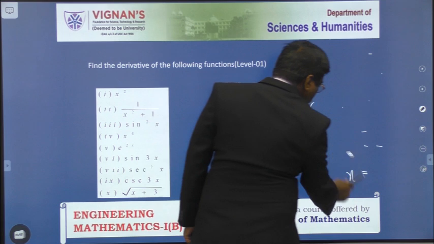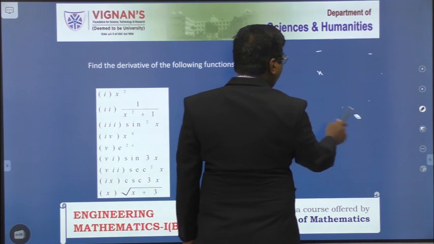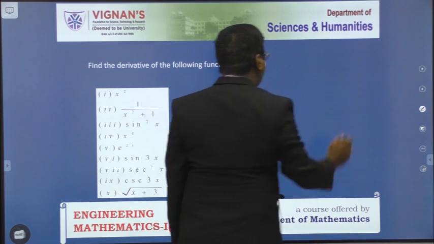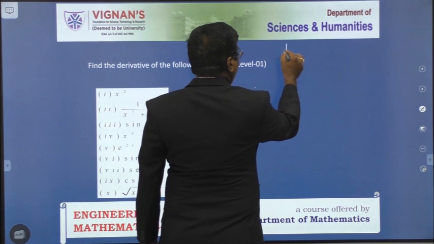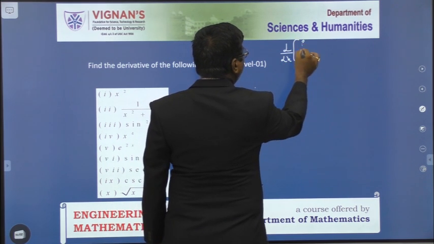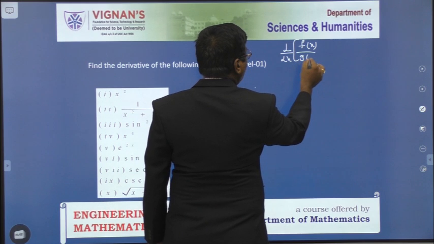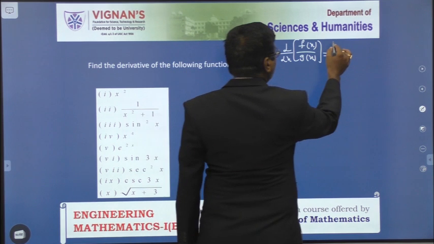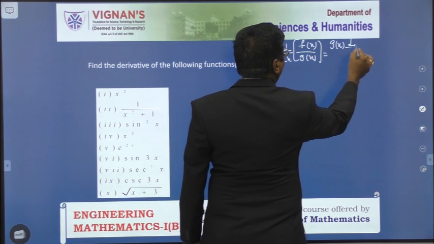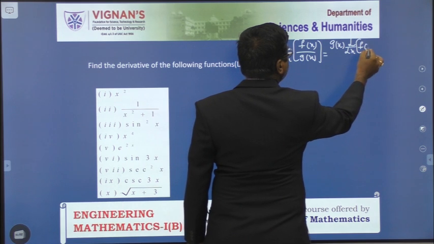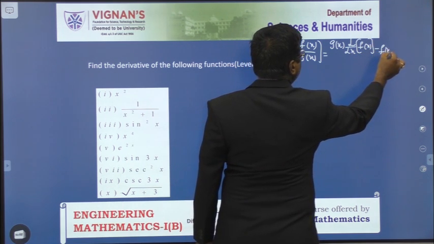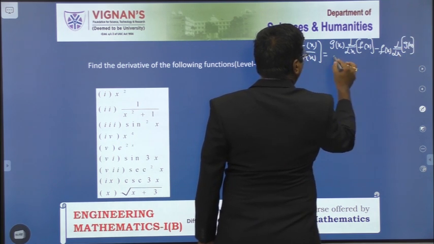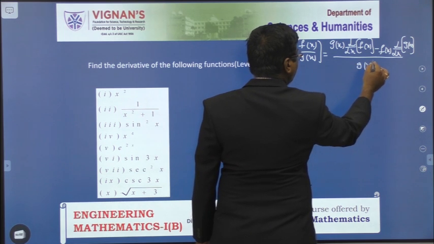That is the quotient rule. d by dx of f of x by g of x is equal to, starting from the denominator, g of x into d by dx of f of x minus f of x into d by dx of g of x, all divided by g of x whole square.